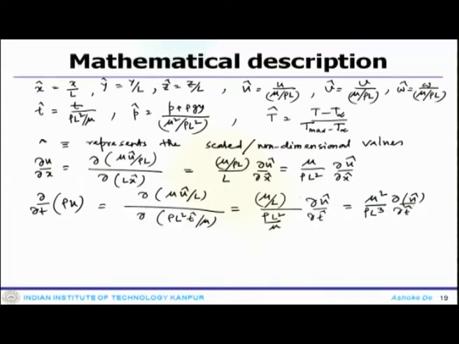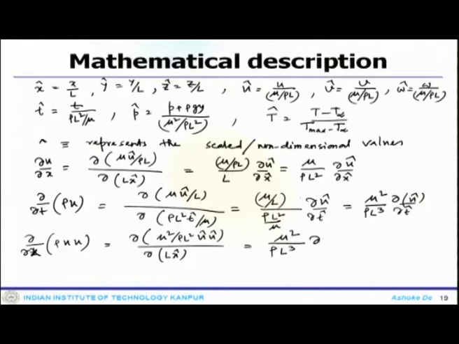Okay. Similarly, you can have a term with del by del x of rho u squared, because this is there in my momentum equation. So, this would be del of mu square by rho L square u hat squared divided by del L x hat. So, it becomes mu square finally by rho L cube del u hat by del x hat.